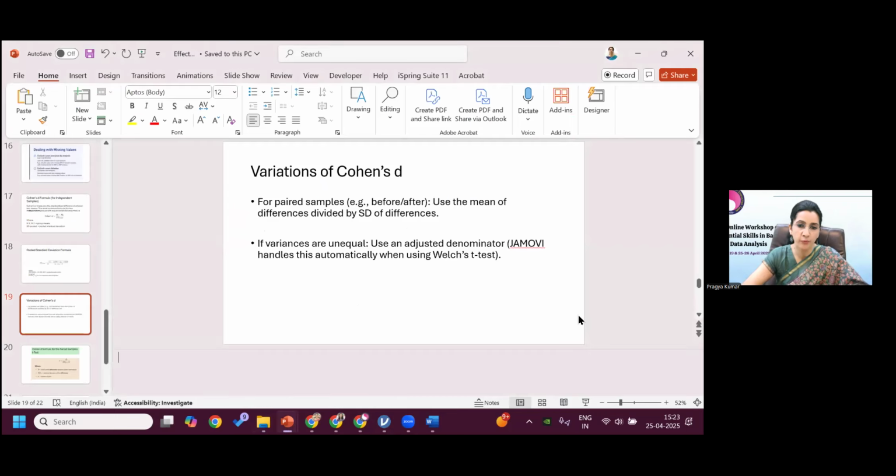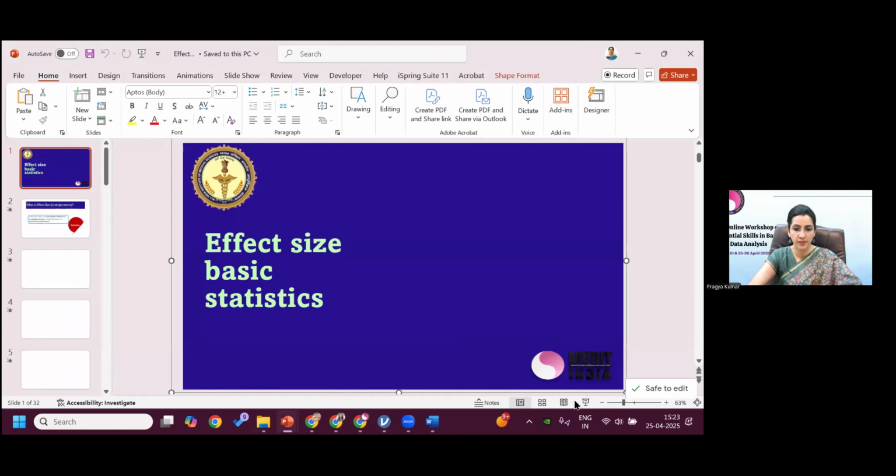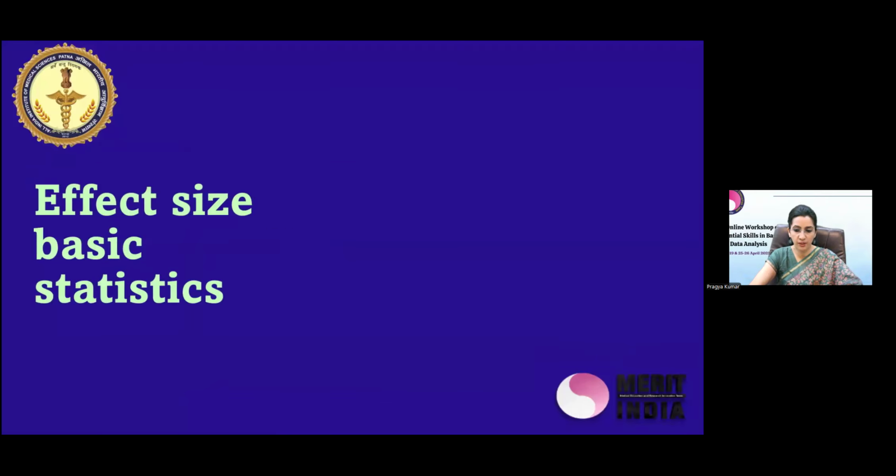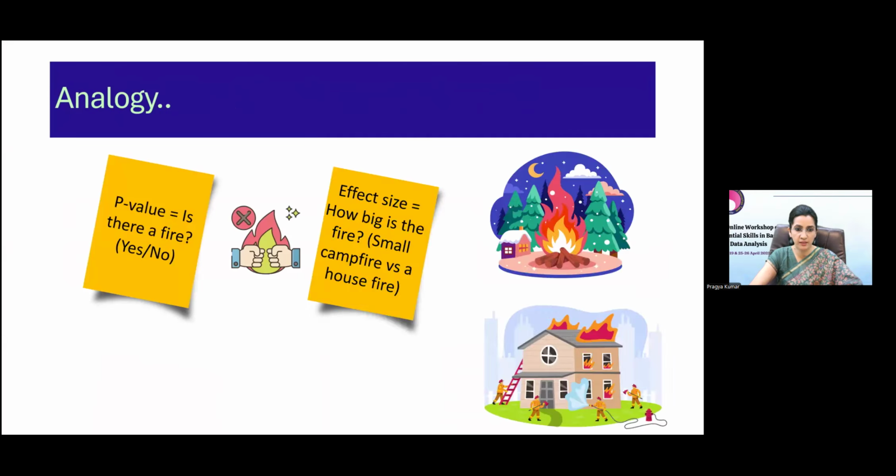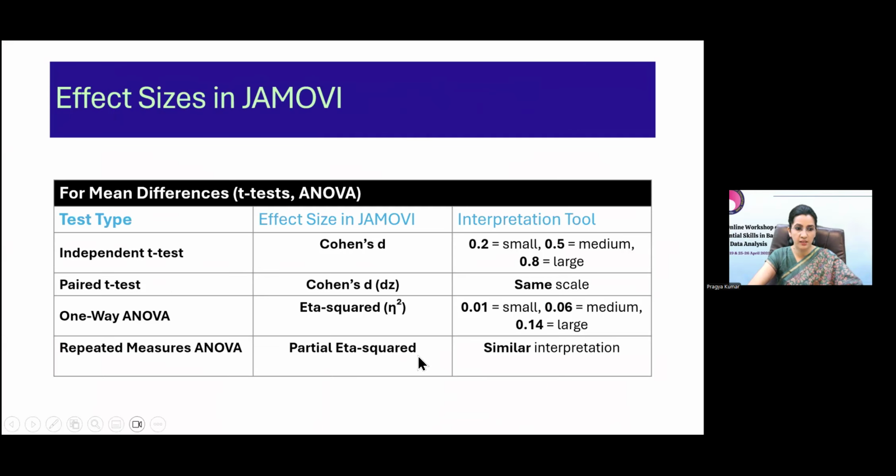So like 0.1, 0.3 and 0.5 is there for the chi-square and correlation. If you see the Cohen's d formula here, in case of independent sample, it is 0.2, 0.5, and 0.8. So like independent sample t-test and the paired sample t-test, remember it is 0.2 and 0.5.